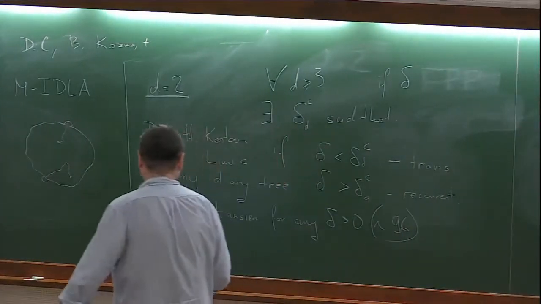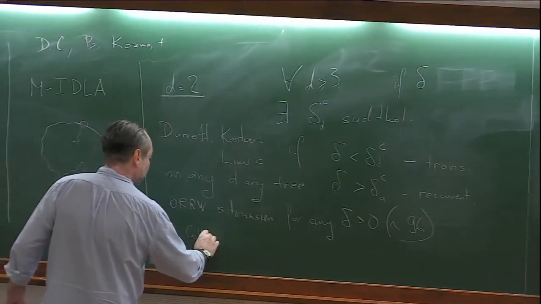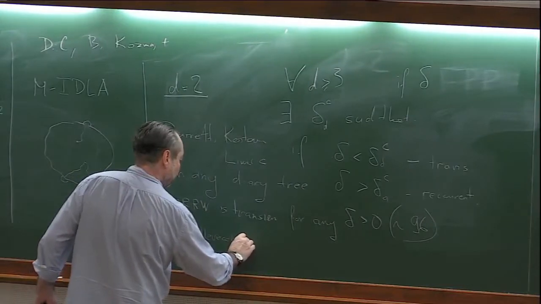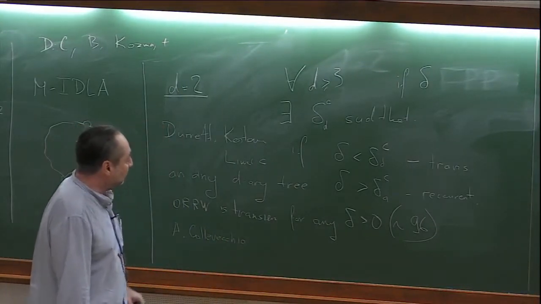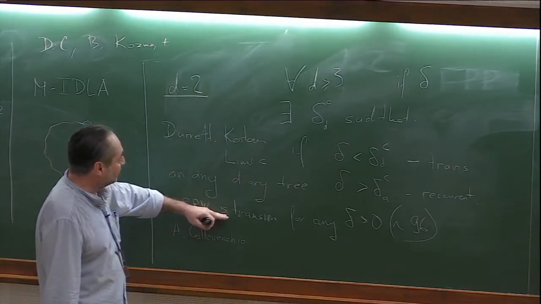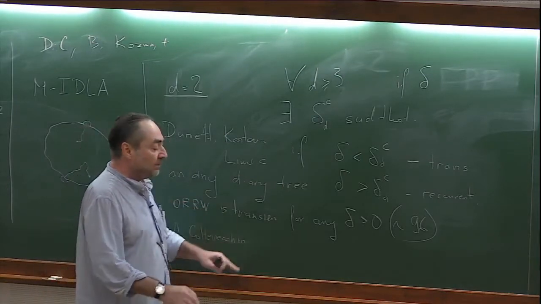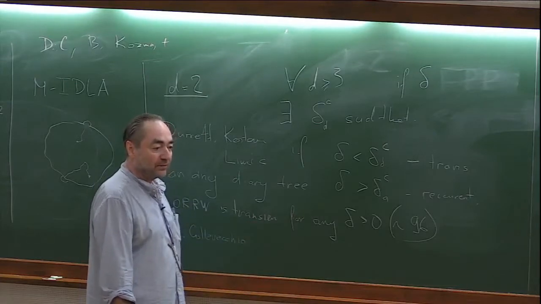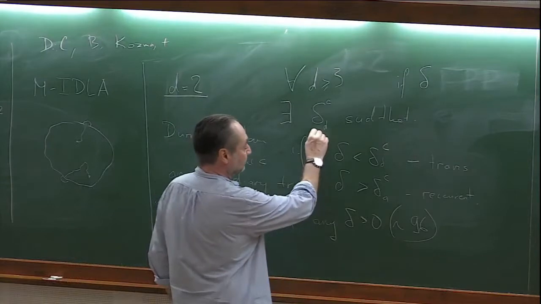And then Andrea Collevecchio gave a very elegant proof, not only covering the result of Durrett and Kesten, but essentially saying that on every tree which has exponential growth, it's transient for any reinforcement. So here, in this situation, there is no phase transition.